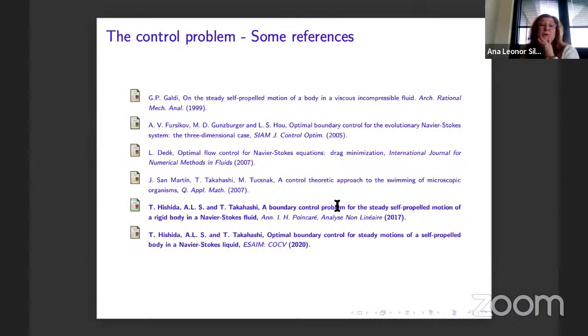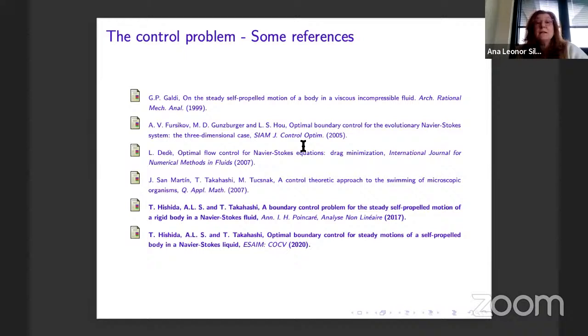Okay, so I am going to start with some references that inspired our work. This formulation of self-propelled motion, formulated systematically in mathematical terms, appeared in the paper of Giovanni Paolo Galdi about self-propelled motion of a rigid body in 1999.